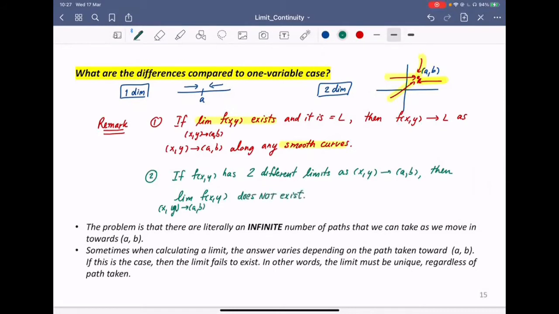This is the way you can conclude that the limit does not exist. So if you can find two different limits, then you're done.